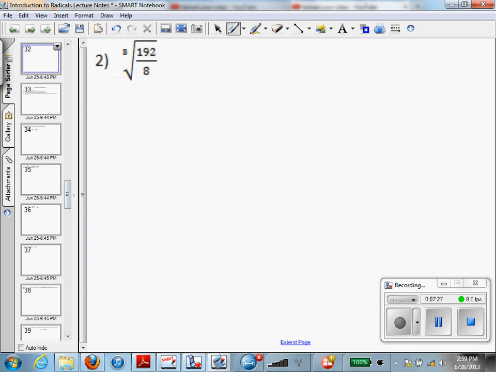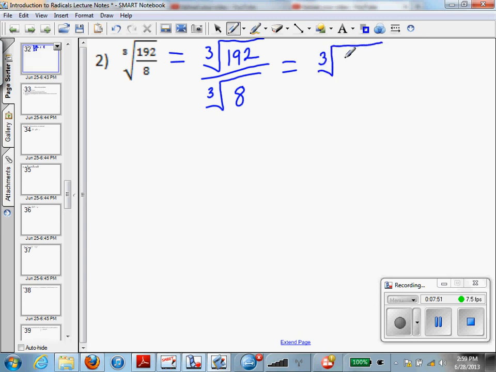With this second example, we have the cube root of 192 over 8. What I would recommend is breaking that down into the cube root of 192 over the cube root of 8. And the cube root of 192, we can break that into the cube root of, how about 64 times 3. 64 is actually a perfect cube of 4.